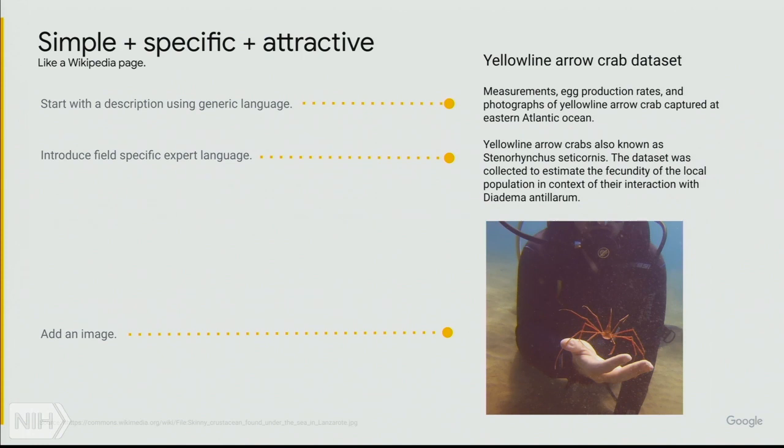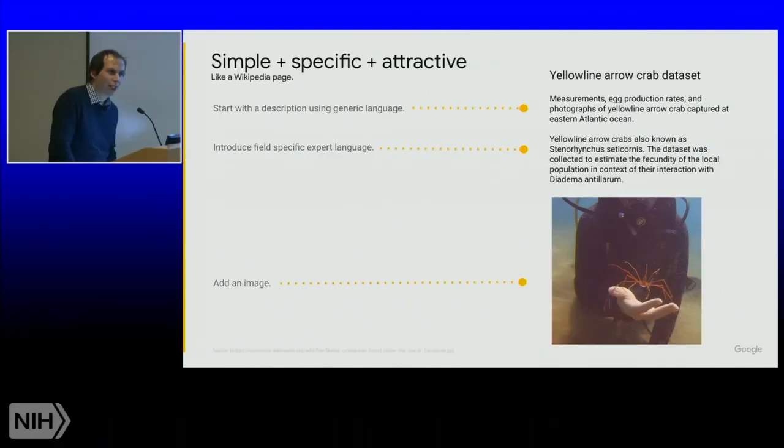So you have to get outside of the bubble of the decades of experience you have in this particular field and try to include some more generic description of the particular data set to begin with. But it shouldn't come at a strict cost of the specific expert language, because certain specific terms and fields could be used to query the dataset by users. So it has to be a mix of two.